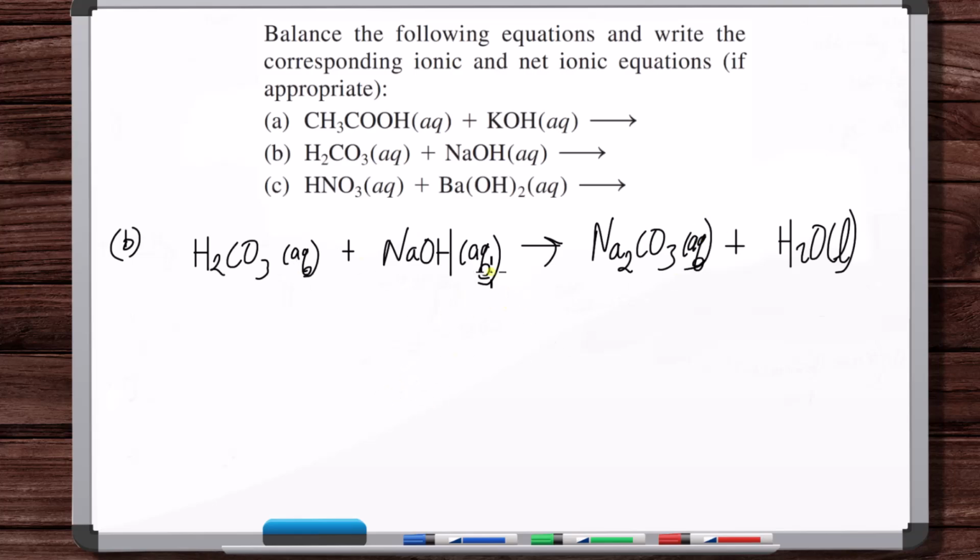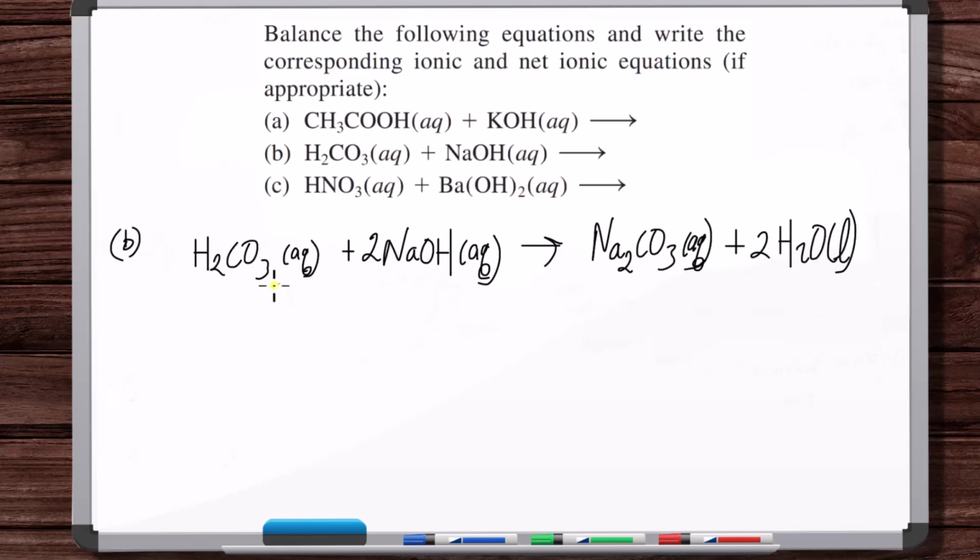Okay, now let's balance this. We've got 2 sodiums on the left, 2 on the right, a carbonate on the left, a carbonate on the right, 4 hydrogens on the left, 4 on the right, 5 oxygens on the left, 5 on the right. So, okay, that's balanced. There's the molecular equation.